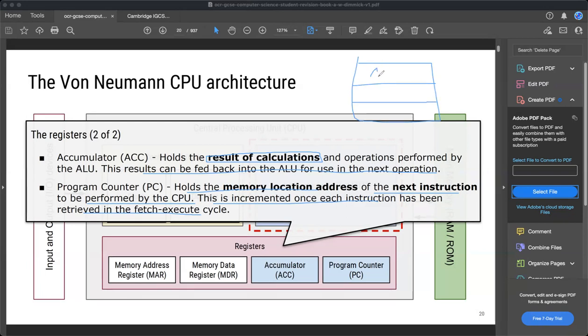Like this is A, this is B, this is C. The program counter is going to count each instruction. Once the instruction is done, it will send it to the fetch execute cycle. Then for the next instruction B, the program counter works on B, then sends it to the fetch execute cycle. And then the program counter works with C, and then it proceeds to the fetch execute cycle.